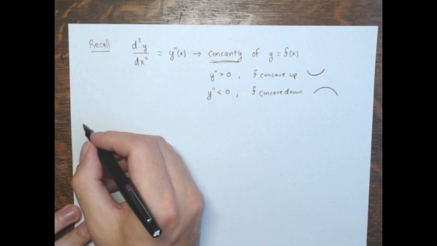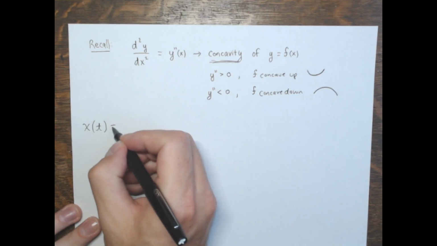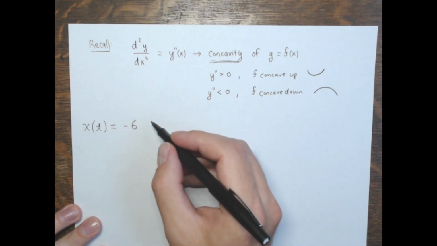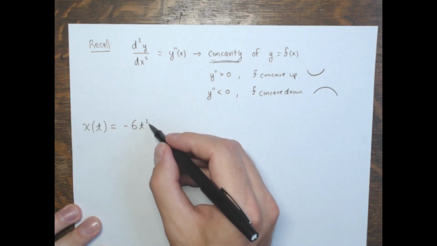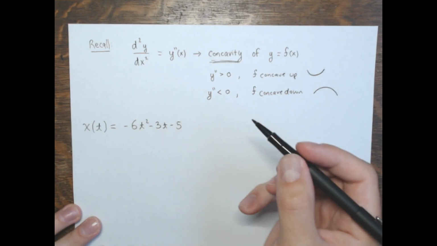All right, so here in this problem, the equations for our curve, the parametric equations, we have x of t is negative 6t squared minus 3t minus 5.